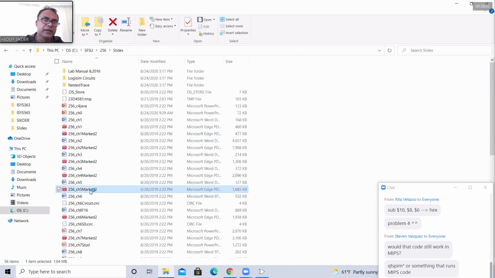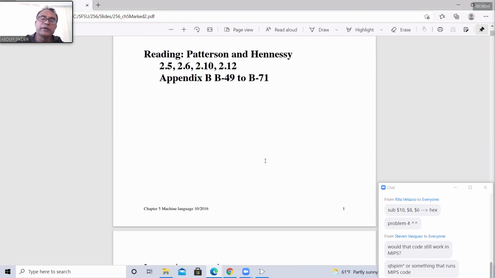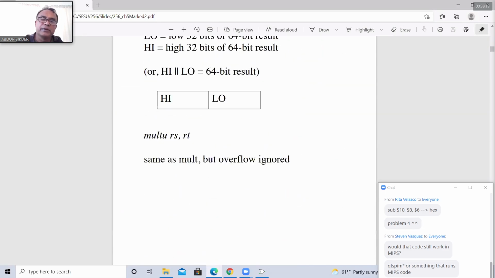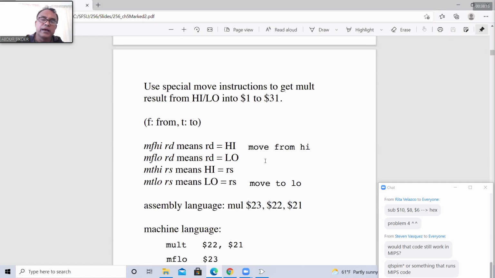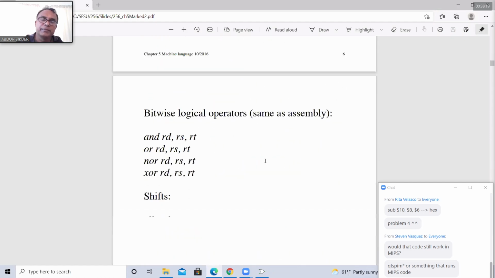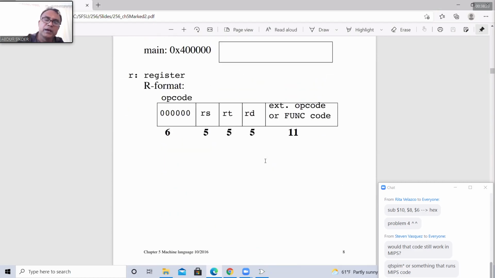All right. Now the 5. Chapter 5 is the machine language. Instruction, operation, formatting, that's important. So we have 3 formats: R format, I format, and J format. And we practiced more for R format.